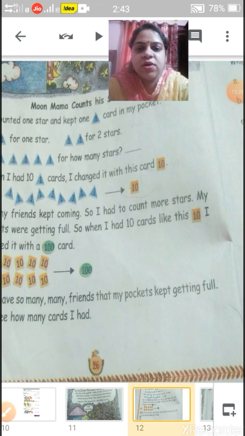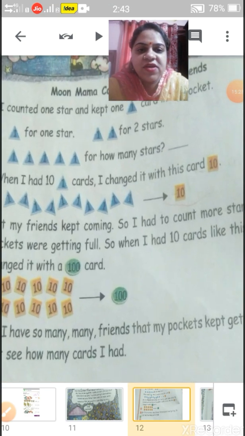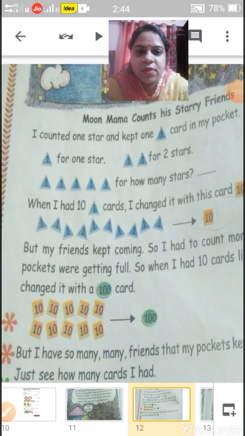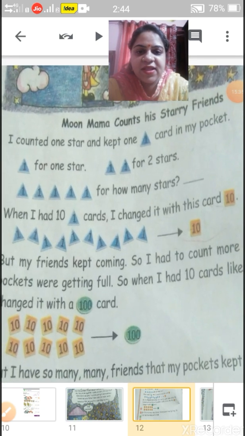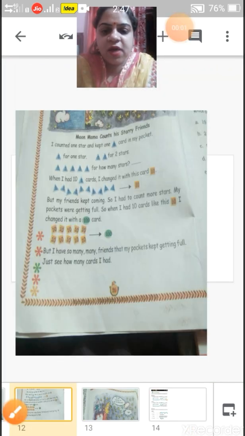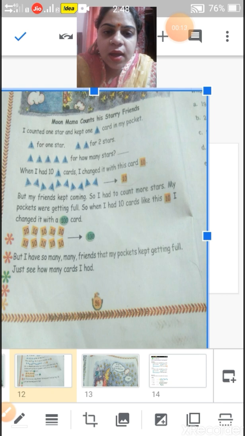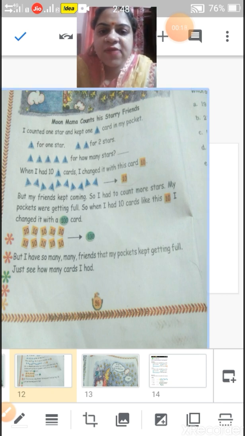Now have a look. Moon counts his starry friends. How? Let's count. I counted one star and kept one. How is he counting here?